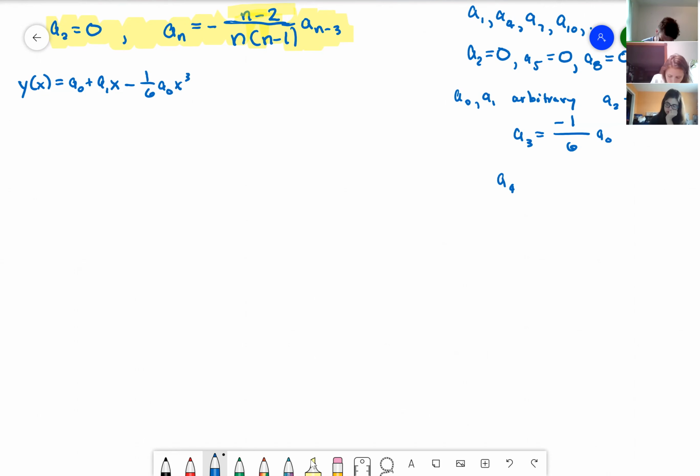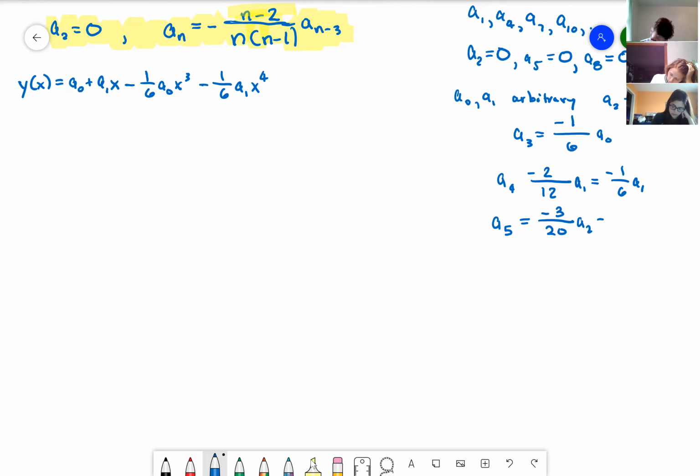Now a4. So that's negative 2 over 12 times a1. So this is negative 1/6 a1 x to the 4th. Okay, so I've got 2 of each. a5 is negative 3 over 20 times a2, which is 0.